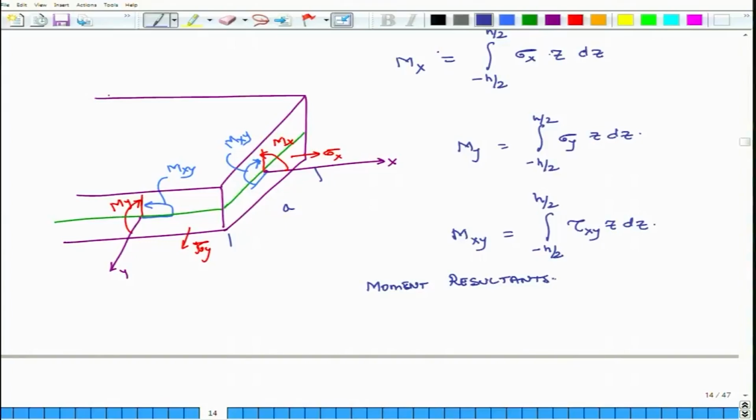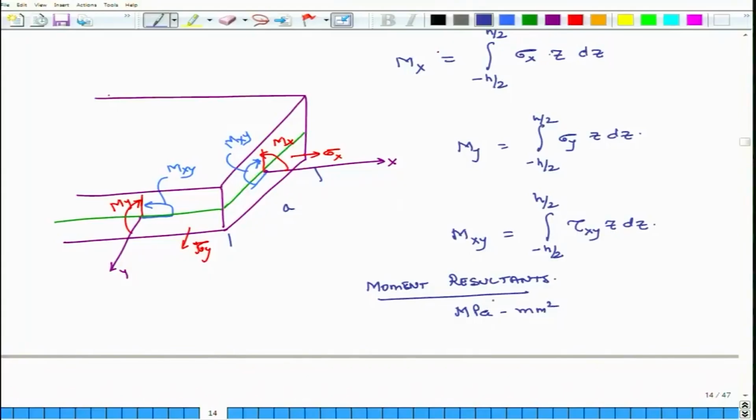Moment resultants, and what are their units? This will be MPa, which is the stress, times dz times z. So, then you can have MPa millimeter square.